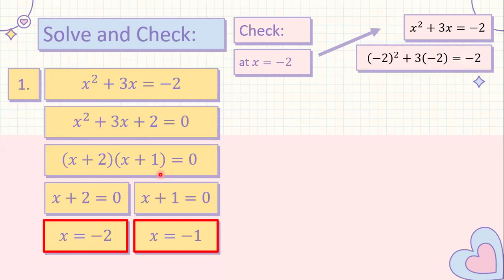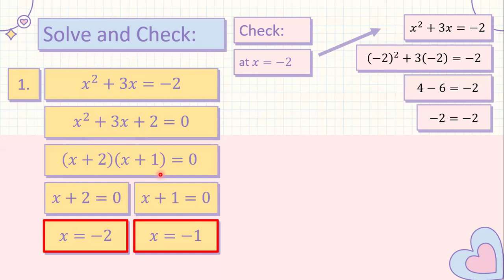Simplifying that, negative 2 squared is 4. 3 times negative 2 is negative 6. So simplify 4 minus 6. That is negative 2, which is equal to negative 2. So x as negative 2 is a solution for this equation.